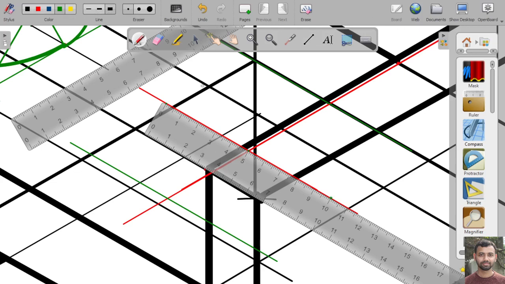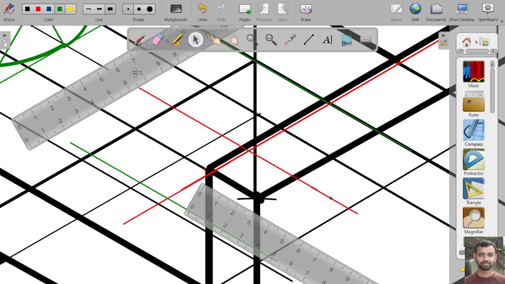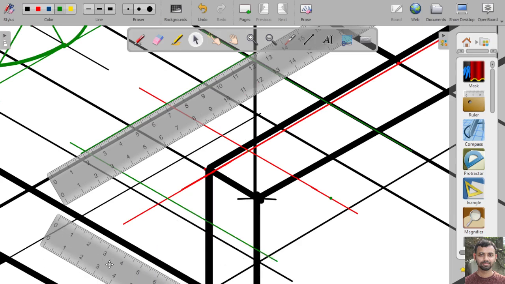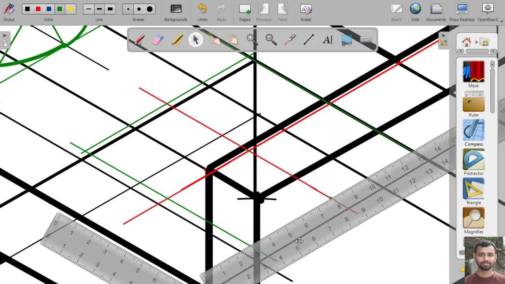Okay. Now we will connect this point. Similarly, we will connect these points also.